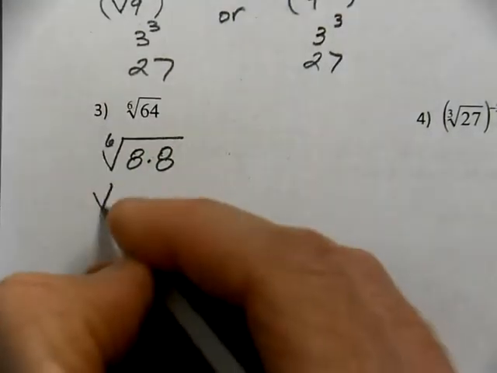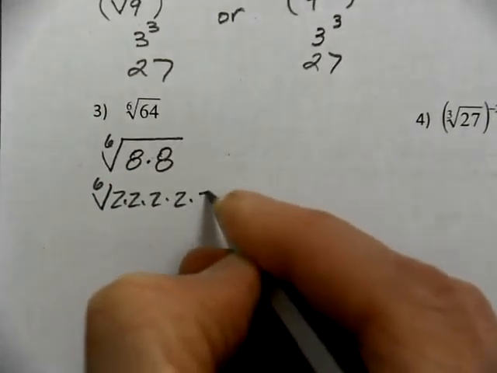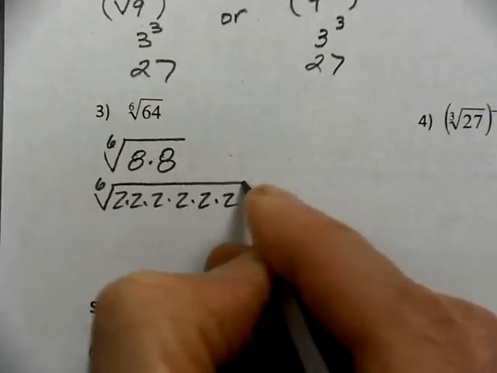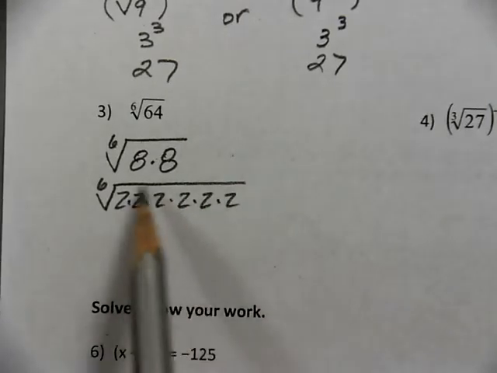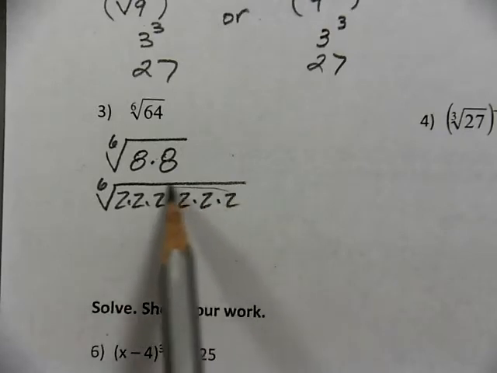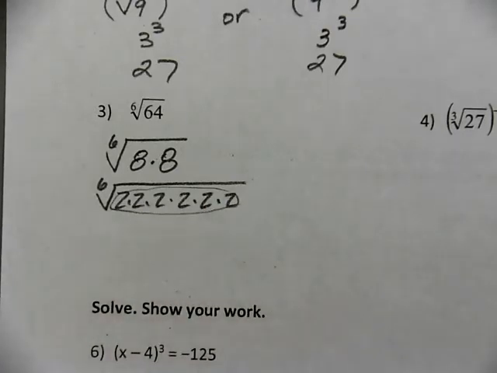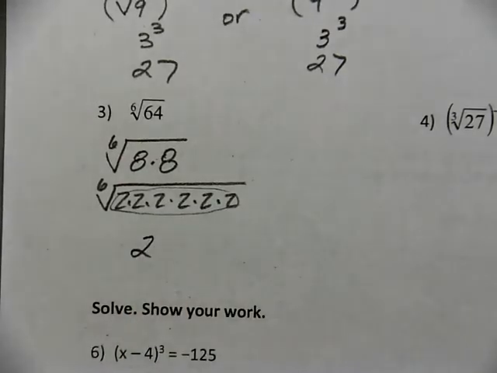And 8 can be broken down into 2 times 2 times 2 times 2 times 2 times 2. Maybe you weren't aware that 64 is 2 to the 6th power. Well, there's 6 of them in there. So you would circle all 6, and the 6th root means that your answer is just 2.